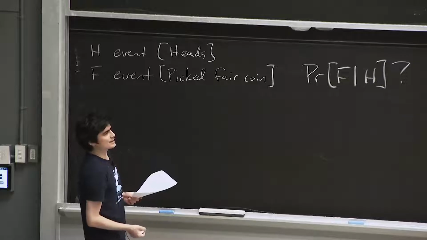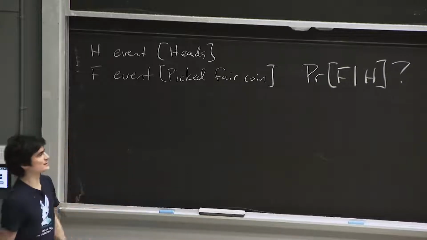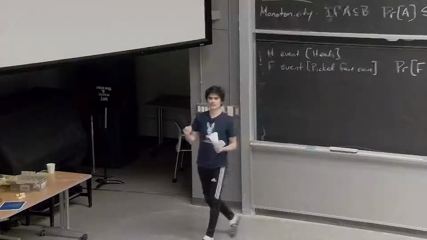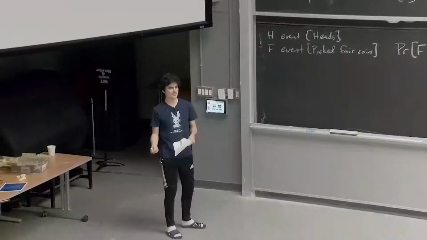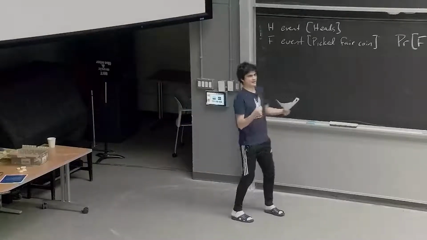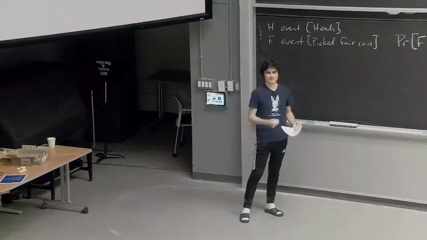Actually, why don't we use the slightly more complicated version of Bayes' rule? Let's compute the ratio of the probability that we picked the fair coin, given that we observed a heads, versus the probability of picking the biased coin, given that we observed a heads.